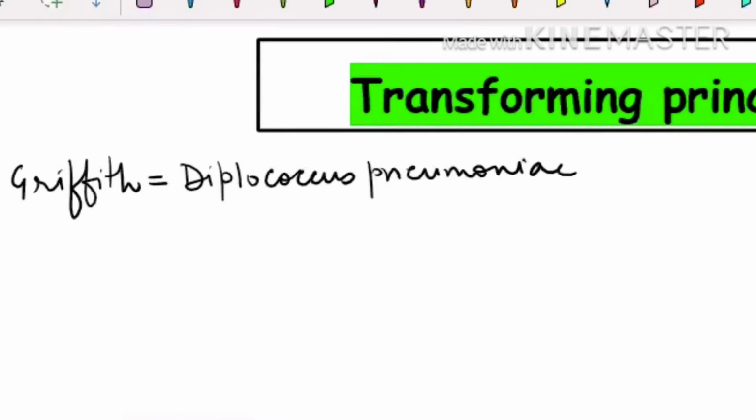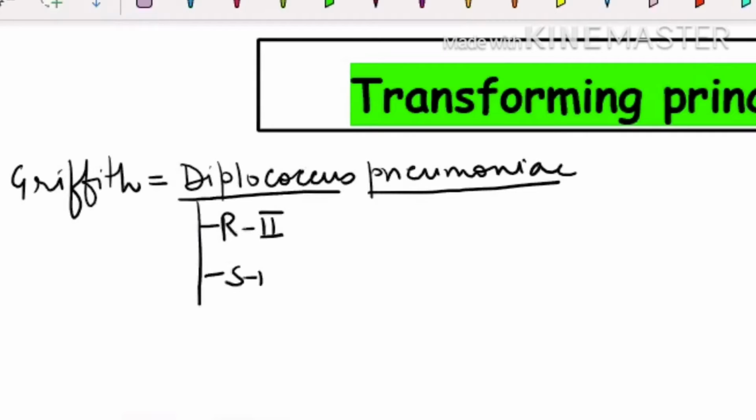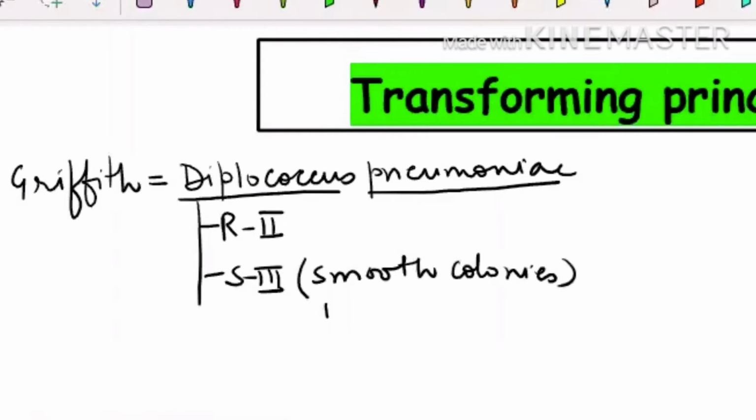Now see, this bacteria has two strains. One is the R strain and another is the S strain. S is called the S strain because it makes smooth colonies, and smooth colonies are due to the presence of polysaccharide.